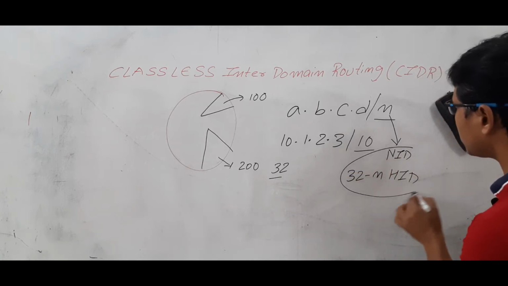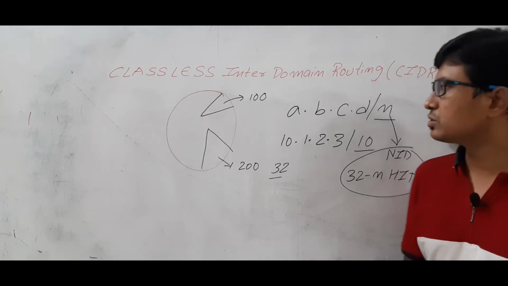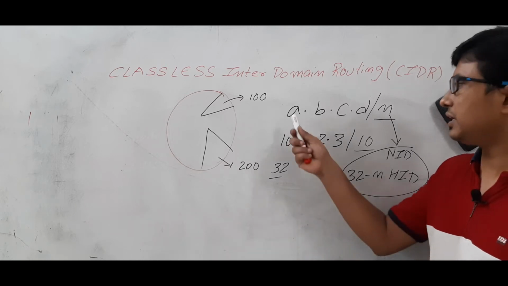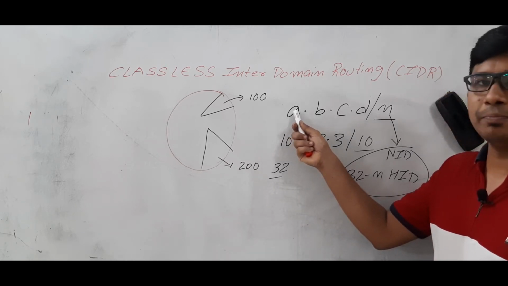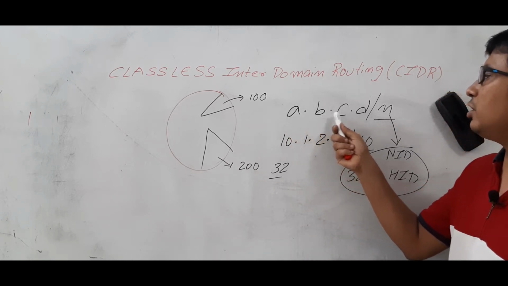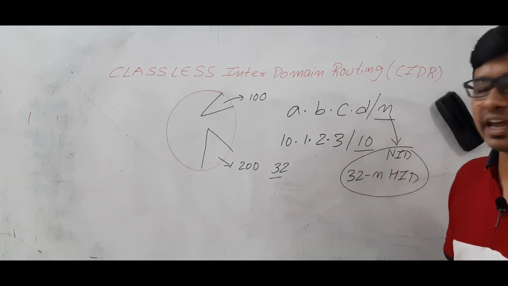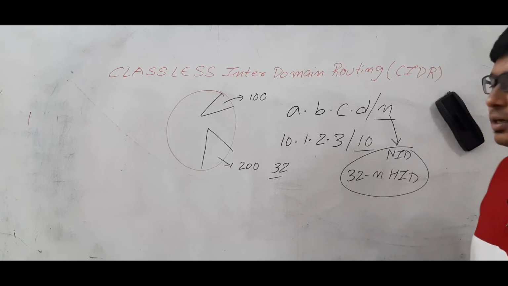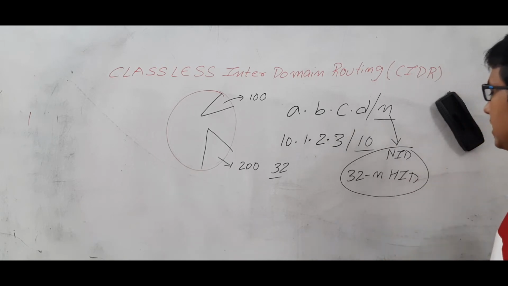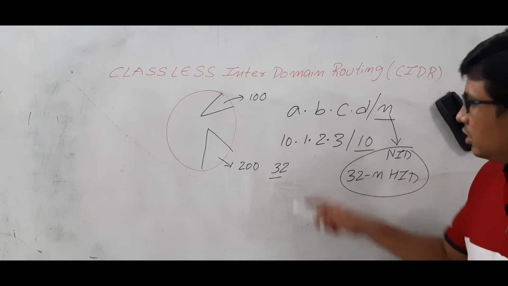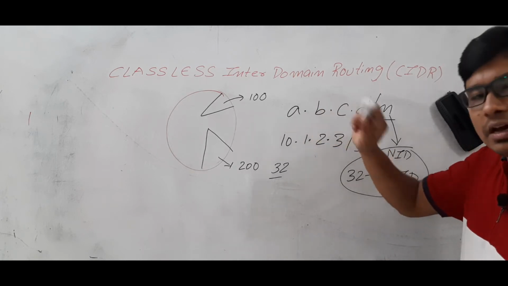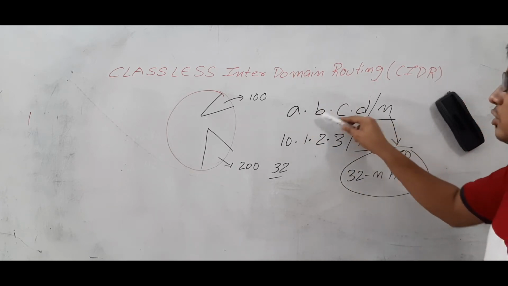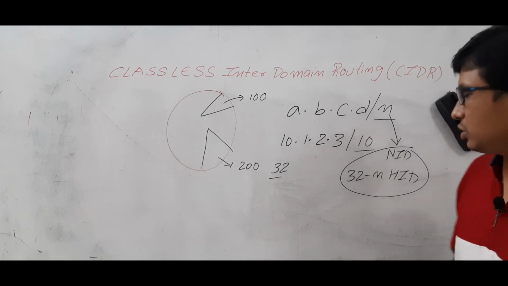Please note this down. So a classless IP address is represented as a.b.c.d/n, where n bits are allocated for the network ID and 32 minus n bits for the host ID. Obviously, the first n bits are the network ID, and the remaining 32 minus n bits are the host ID.